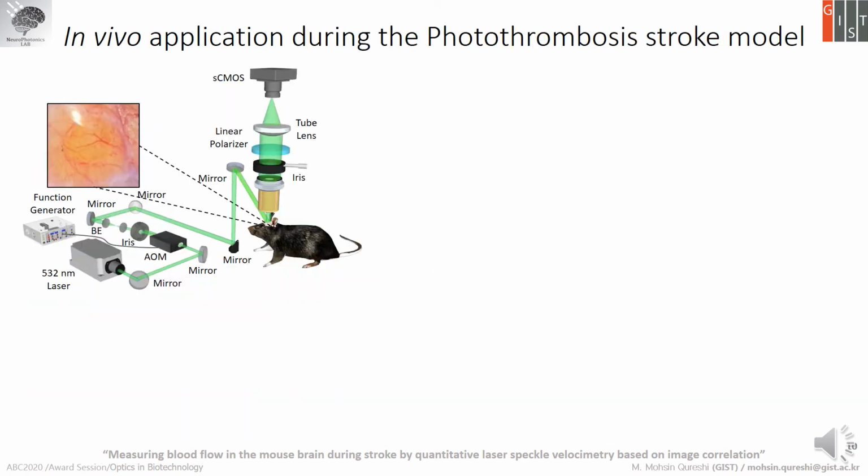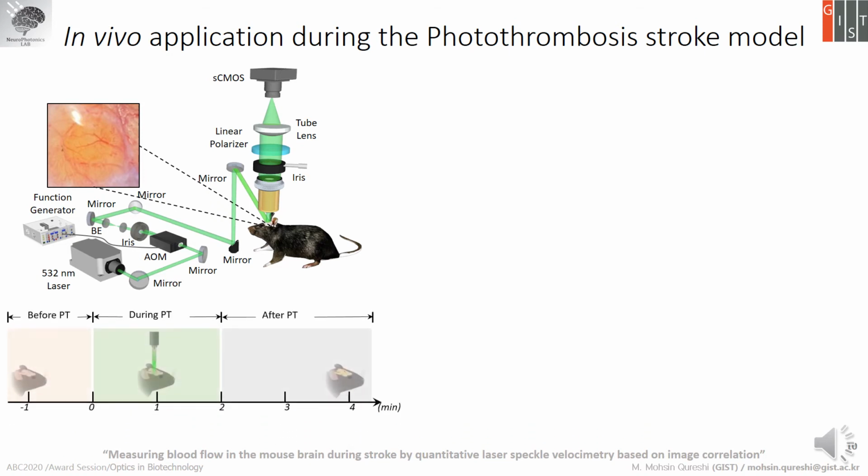To show the application of quantitative laser speckle imaging, we experimented with the photothrombosis stroke model. To do the photothrombosis model, we performed a cranial window over the mouse skull. In this model, we took speckle images at pre-stroke, during stroke, and post-stroke conditions. Before the photothrombosis, speckle images were recorded.